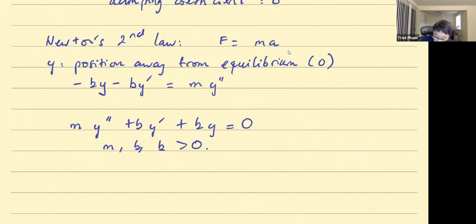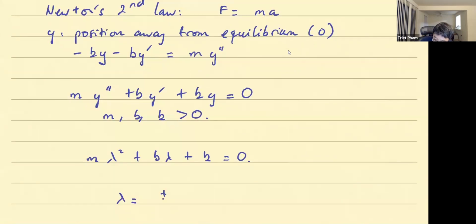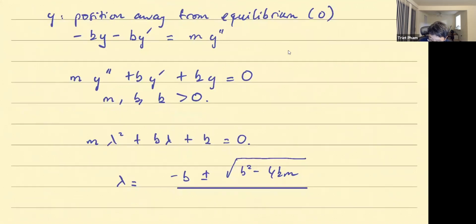Okay. So again, the solution approach is that we look at the characteristic equation, which says m lambda squared plus b lambda plus k is equal to 0, where you see that lambda is going to be negative b plus or minus the square root of b squared minus 4km, over 2m.